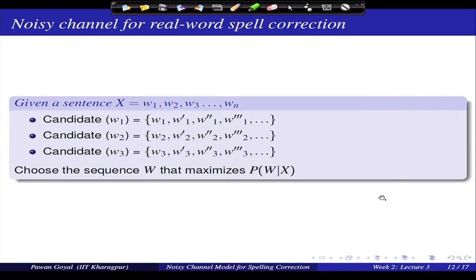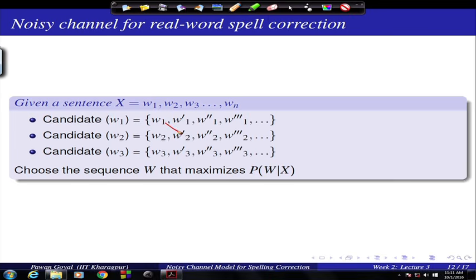So I want to find the sequence W that maximizes the probability of W given X. That is, whether this would be a good sequence, or this would be a good sequence, and so on. Which of these sequences will be the best in this case? So again, we have to find W that maximizes the probability of W given X. Can we try to use the noisy channel model? So we will see.